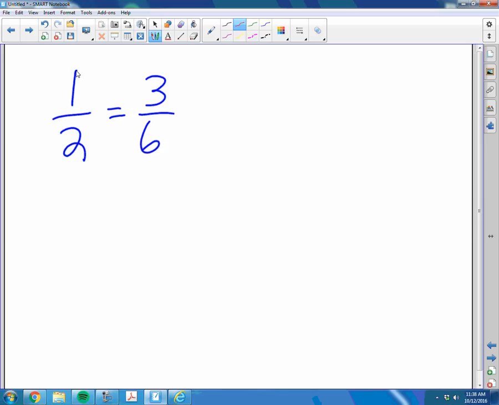Okay? We know that these are equivalent for 2 reasons. One is something called scale factor. And what scale factor basically says is that if you're getting from one fraction to the other by multiplying or dividing by the same number, then you have equivalent fractions.